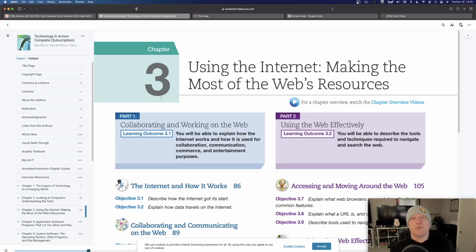I'm hoping that worked with my microphone. Poor microphone. Over here to the immediate right of that, we have this "Using the Internet to Make the Most of the Web's Resources." That's a big block of content. Down here, each one of these, part 1 and part 2, are blocks of content.